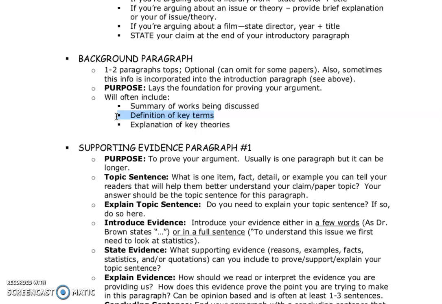So I know one of you, for example, is writing about vaccines. So you need to explain the history of vaccines. Actually, a few of you are, but the history of vaccines, and so how vaccines have been used in the past, how they've been viewed in the past. That's going to be helpful, I think, for people to know. It kind of sets the precedent of what has occurred. That's important for your reader to understand.